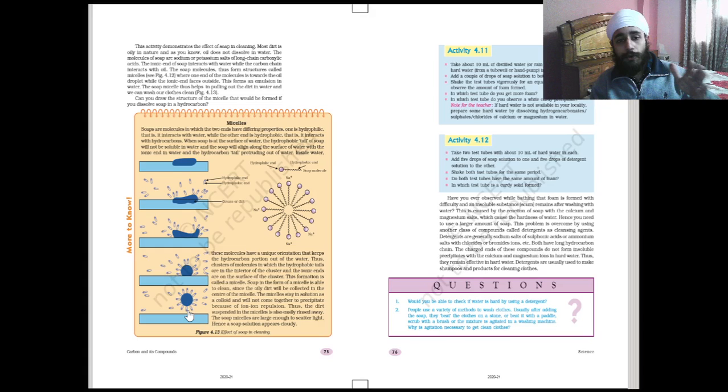That means it is working on the dirt in your hair. To remove it, the shampoo needs the detergent. That is the example I have taken to make people understand how shampoo works.